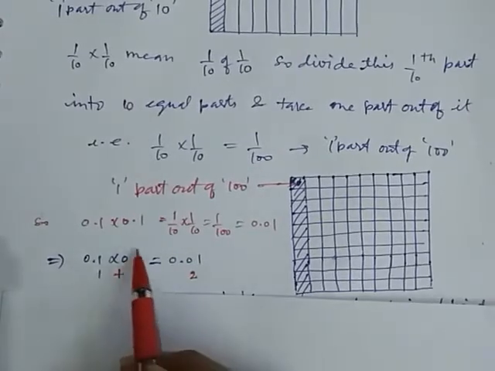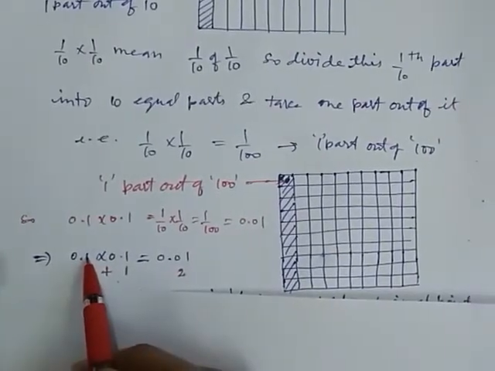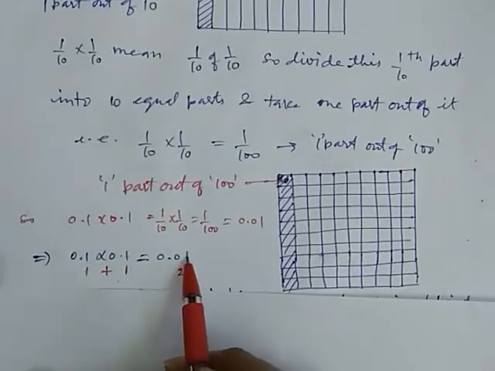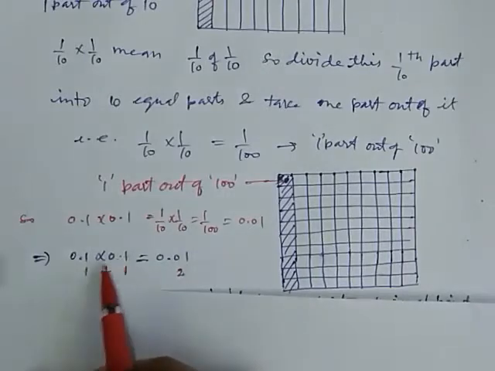So we can directly multiply the numbers as a whole. 1 into 1, that is 1, and then we put the decimal after the same number of digits. As here 1 plus 1, that is 2.